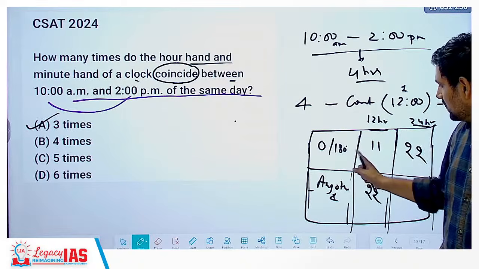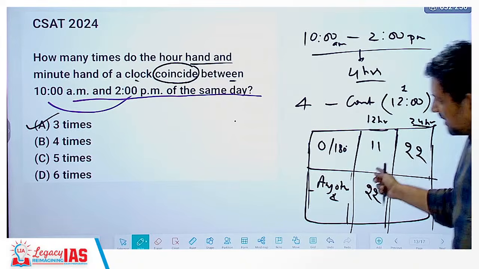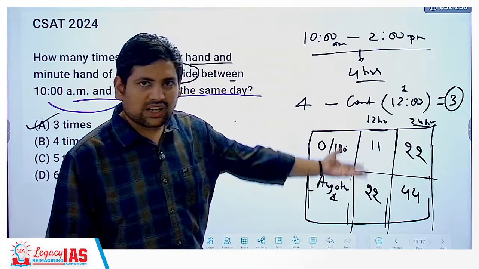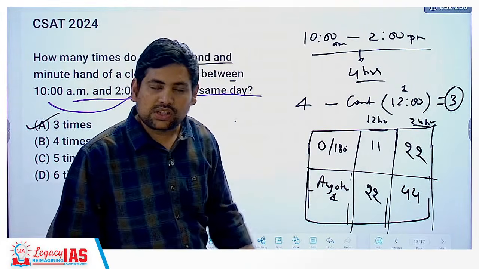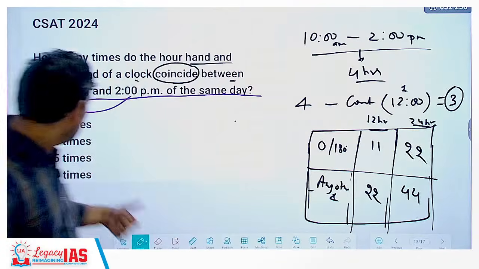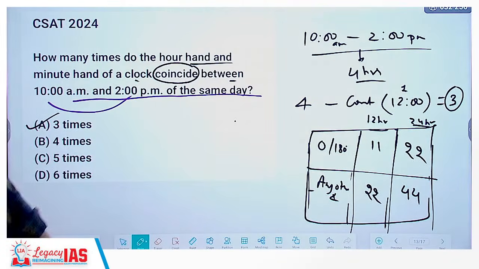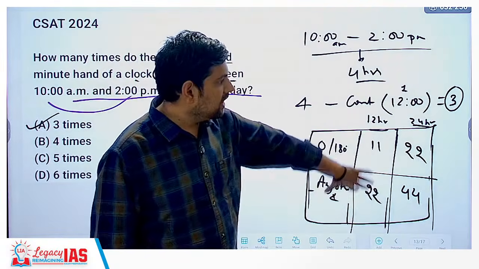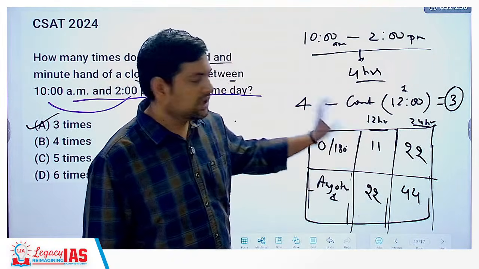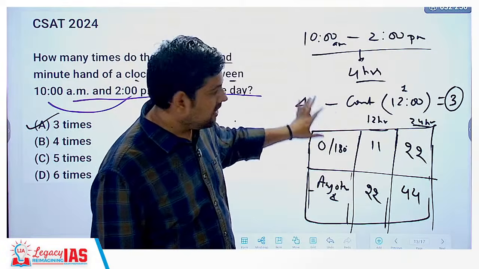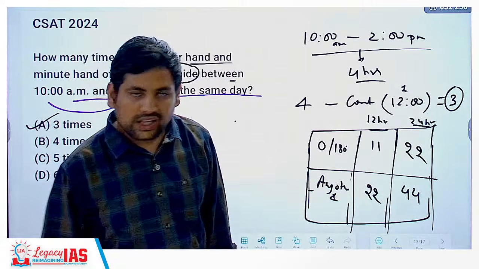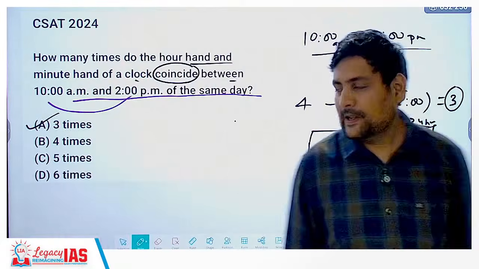Because if you say that in 12 hours it was 11, so in 4 hours you just divide it by 3, then you will start getting 3 point something. So what should you mark, 4 times or 3 times? That becomes an issue. That is why you can remember this table that is usually given in books, but also try to remember that we always have to take the range and then subtract the perfect times from it to get the number of repeated angles.